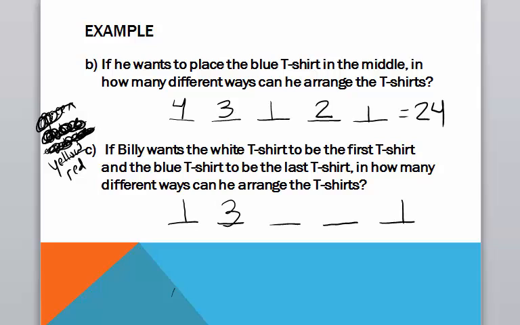Supposing that we use green, that would leave us with 2 choices here, yellow or red. And supposing that we use yellow, that would leave us with 1 choice for our 4th position. So 1 times 3 times 2 times 1 times 1 gives me 6 different ways to arrange the shirts.